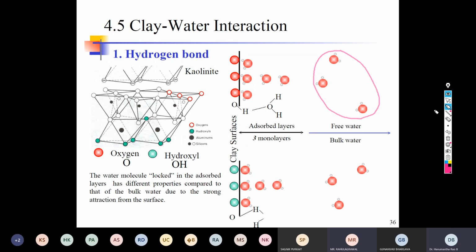Now let me also touch upon contamination. Everyone has heard of soil contamination? So what does it refer to with respect to the diffusive double layer? Because once you understand this, you can easily understand how the soil gets contaminated.